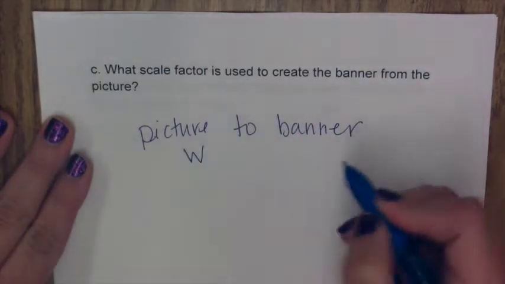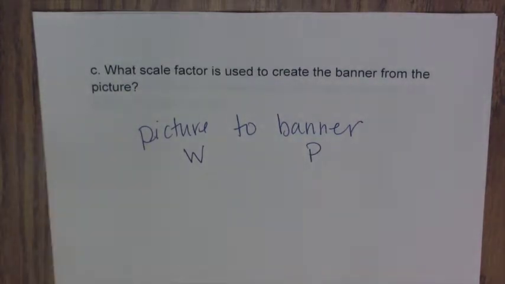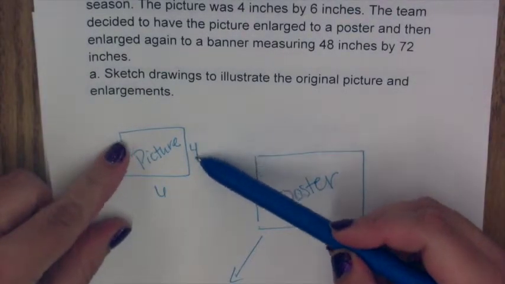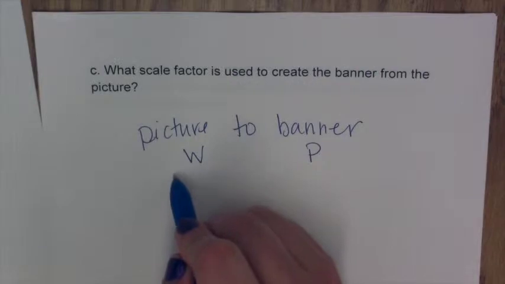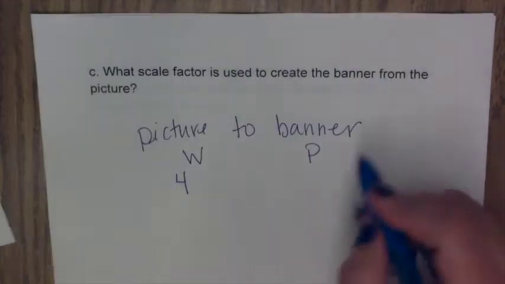So our whole to our part. So I'm going to pick one set of side lengths. We'll just do the short side. So my picture is 4. I'll put it right here. To our banner, that is 48.